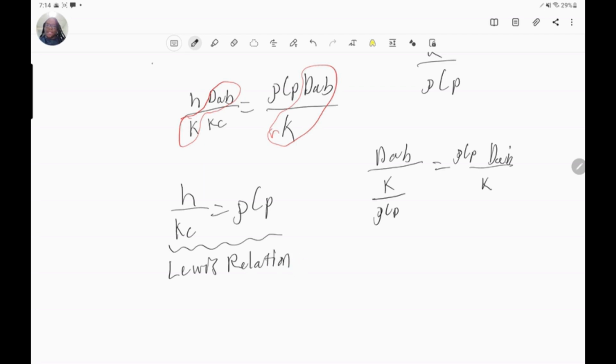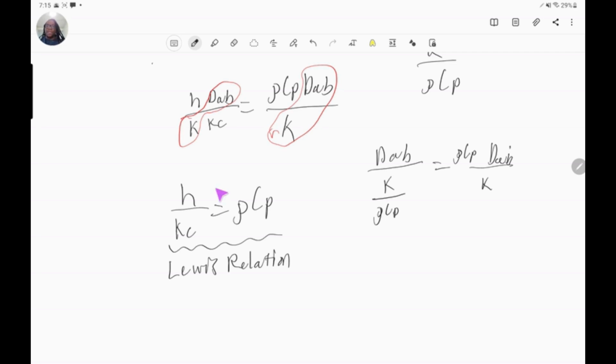And so the significance of this is, as I said, we were trying to define a problem where water evaporates to the air due to the air not being saturated.